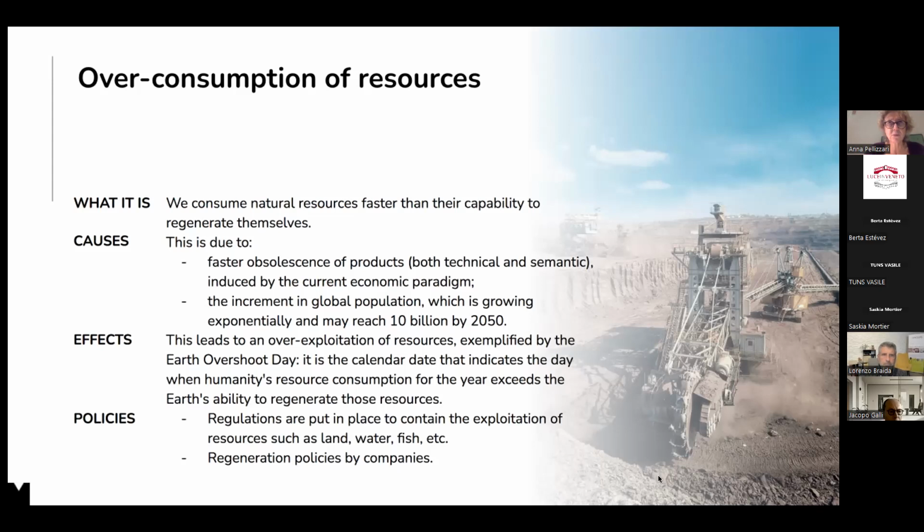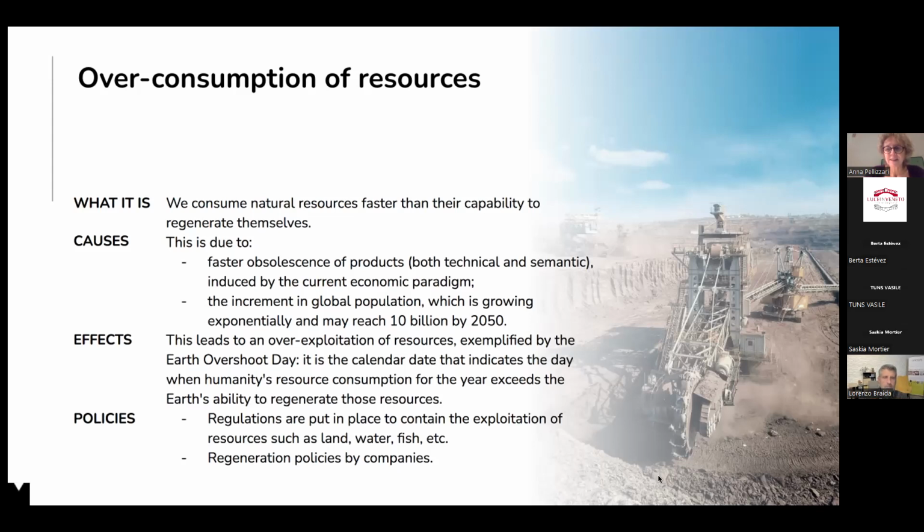When it comes to Italy, I think we are in July, something like that. So in July, as a country, we have consumed all the resources that can be regenerated in that year. So we live on credit, using our savings for the next 5 months.